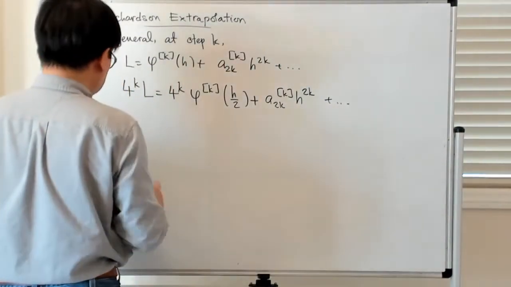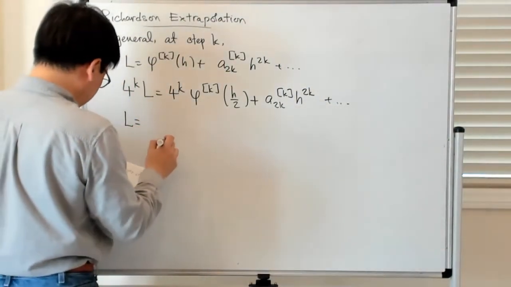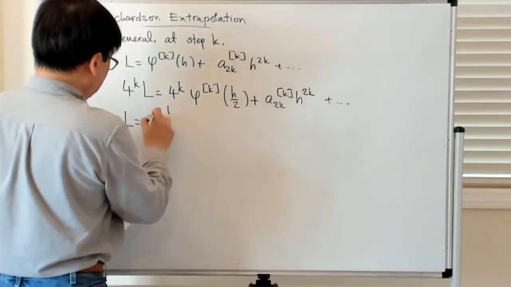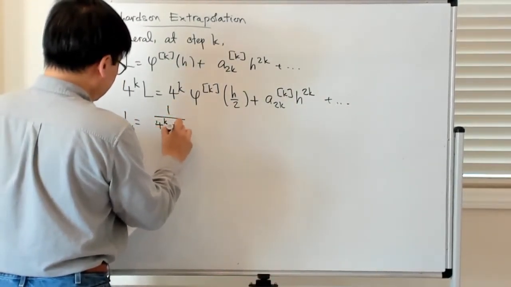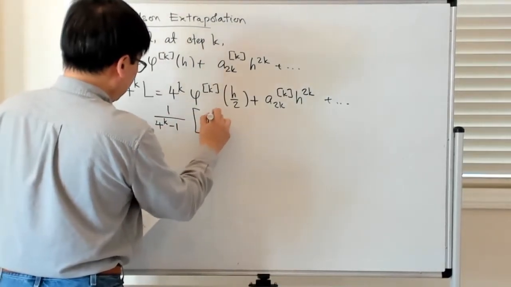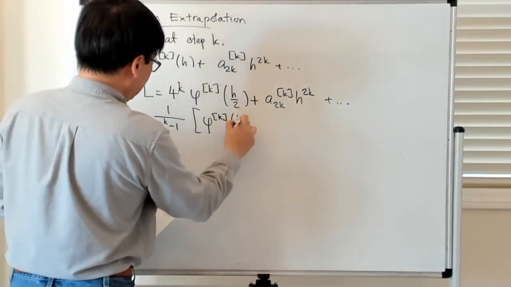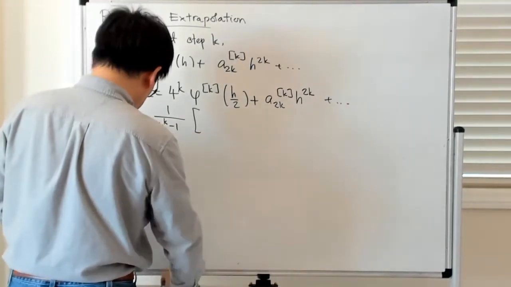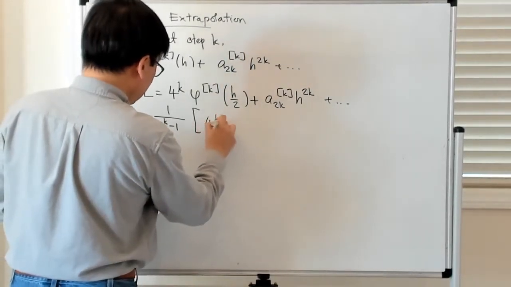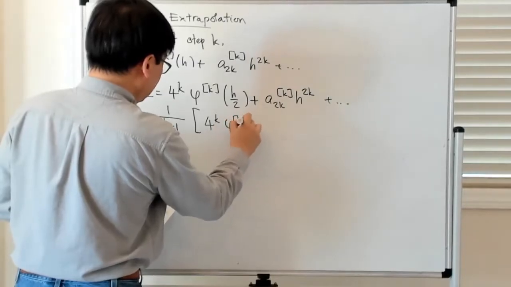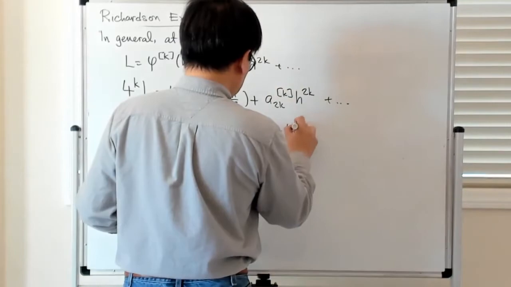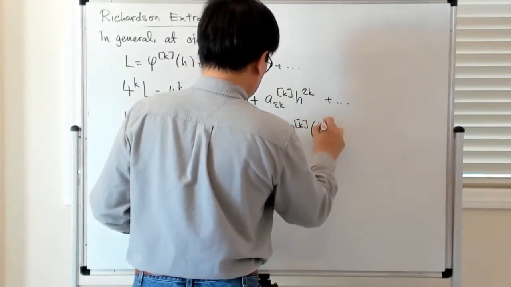And then you have L is equal to 1 over 4 to the k minus 1, phi k h over 2. Sorry, there's a factor of 4 to the k here. So 4 to the k phi k h over 2 minus phi k h.